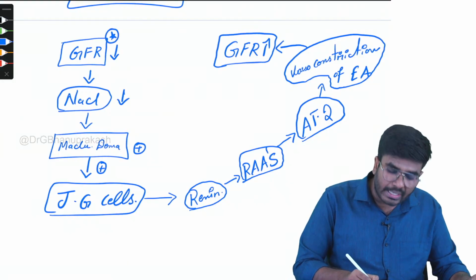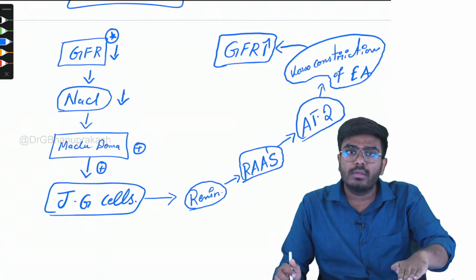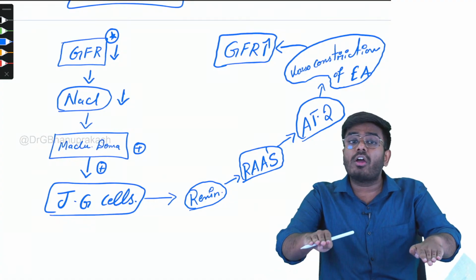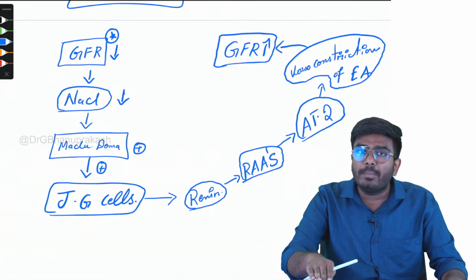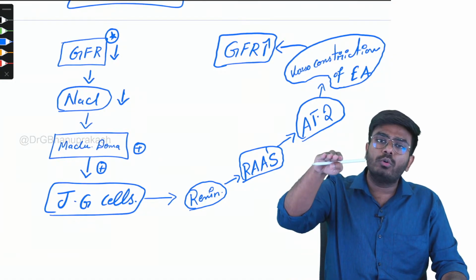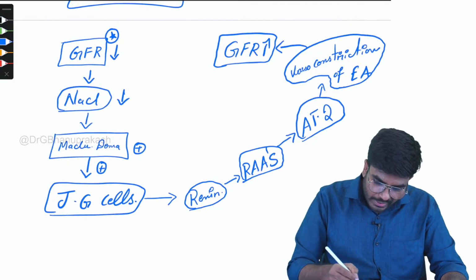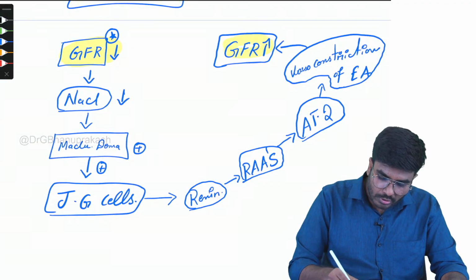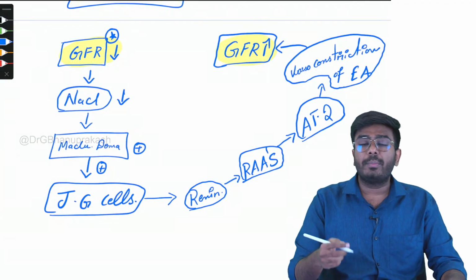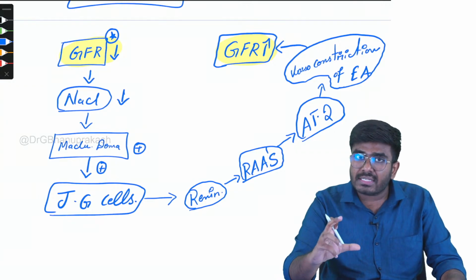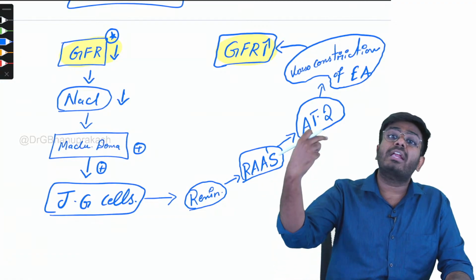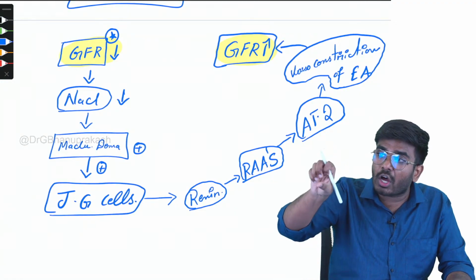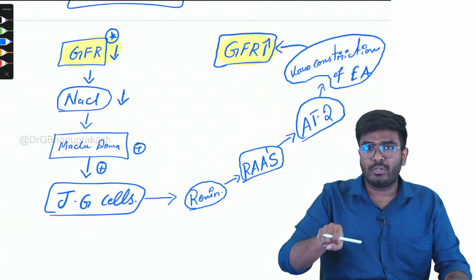So in any condition where GFR is going down, the macula densa along with the juxtaglomerular cells, the juxtaglomerular apparatus, will bring the GFR back to normal. So this is what you need to know. Again, here the macula densa is activating the JG cells, giving feedback to the glomerulus that the efferent arteriole needs to be constricted to increase the GFR.